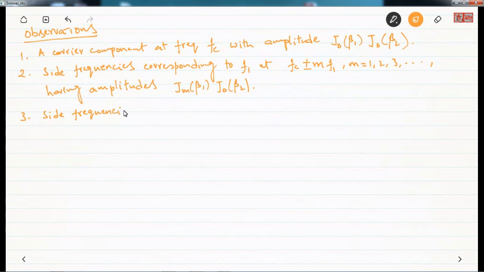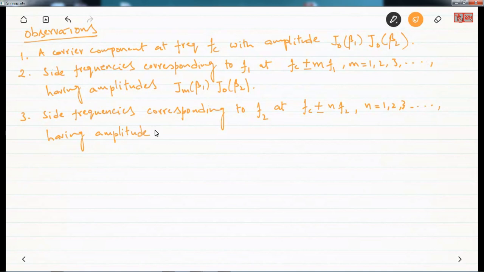Side frequencies corresponding to F2 at Fc plus or minus nF2, where n is equal to 1, 2, 3 and so on, having amplitudes, and each frequency amplitude is determined by J naught of beta 1 into, see, here I have to put m equal to 0 to have side frequencies corresponding to only F2, and then Jn of beta 2.